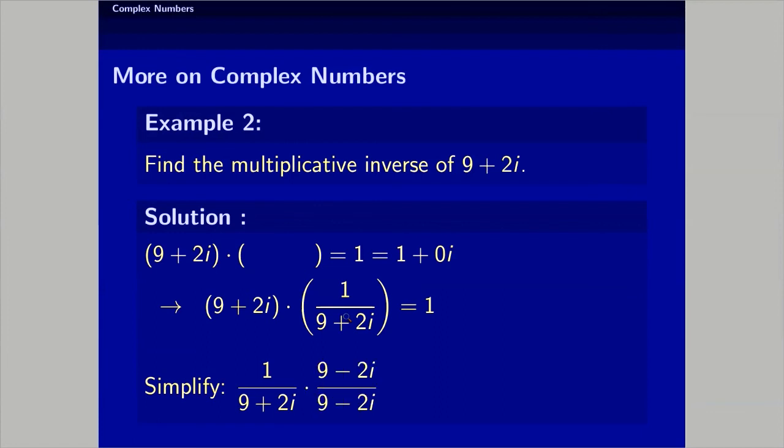You perform again multiplication of binomials or difference of two squares. You should get this one. Okay? You say that 9 over 85 minus 2 over 85i is the multiplicative inverse of 9 plus 2i. Alright? Okay.